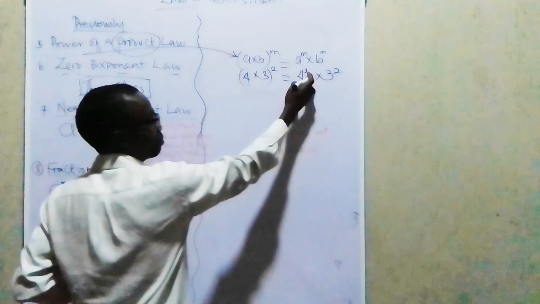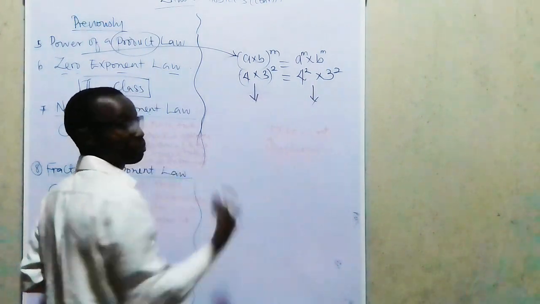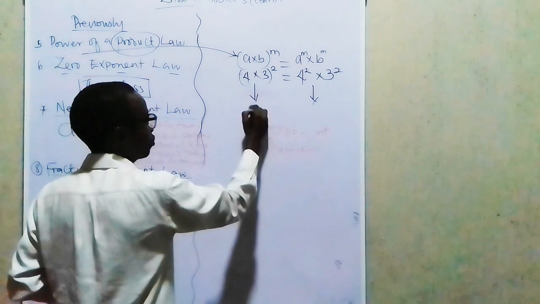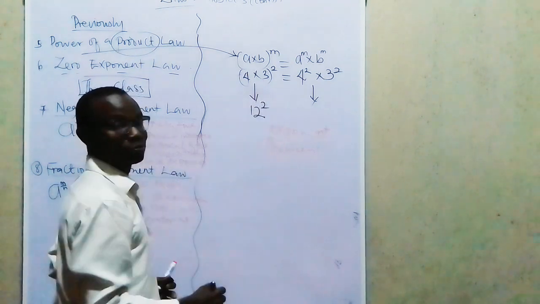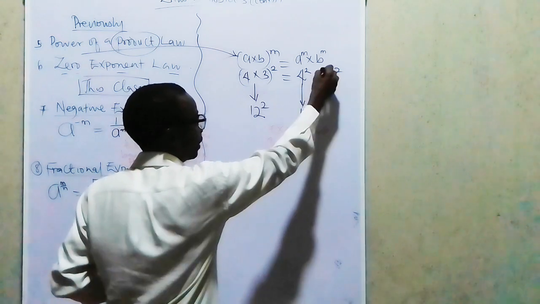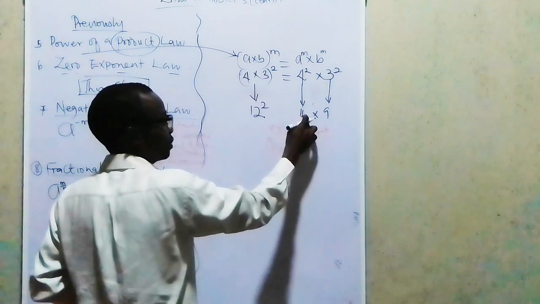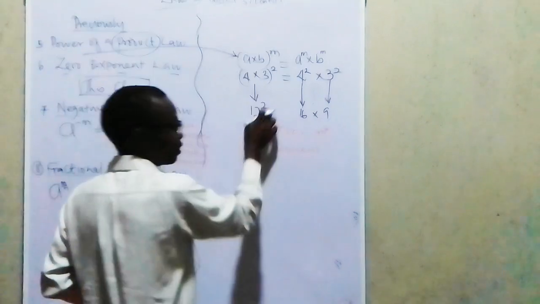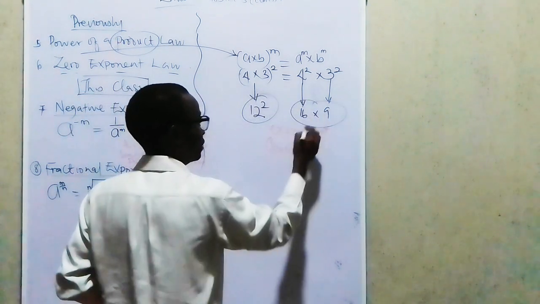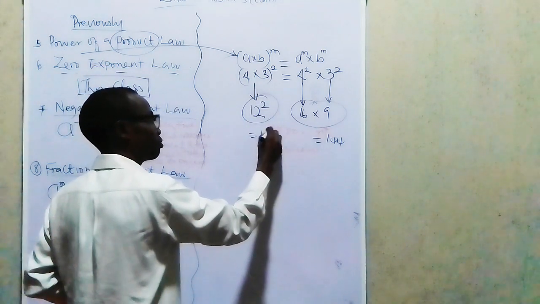So equally, just separate the two. Now let's solve them individually and see if we get the same answer. 4 times 3 is 12, raised to the power 2. 4 raised to the power 2 here is 16, and 3 raised to the power 2 here is 9. So 16 times 9 is the same thing as 12 squared. 16 times 9 will give me 144, and 12 squared will give me 144.